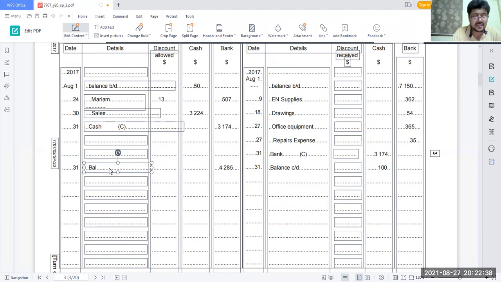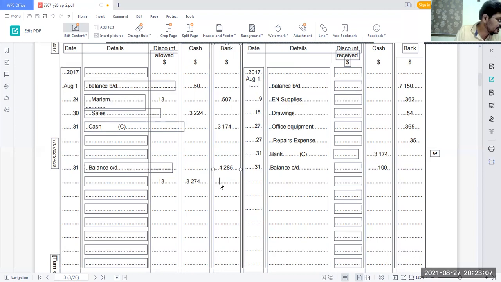Balance, again overdraft. Now what we have to do? We have to take totals over here. Now discount allowed, the total is 13. Cash total is 3224 plus 50, 3274. Okay, what about bank?